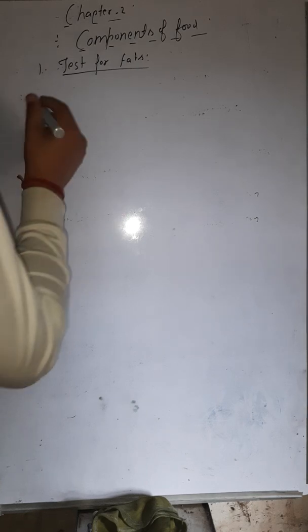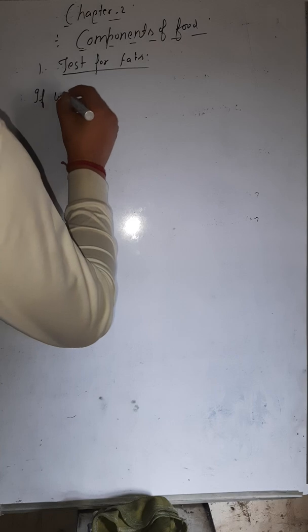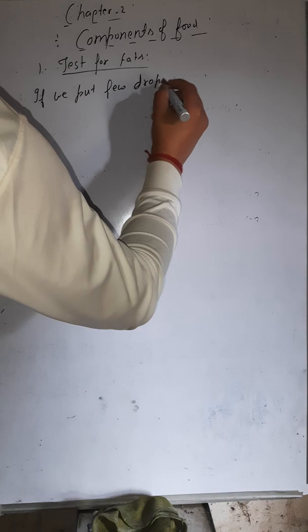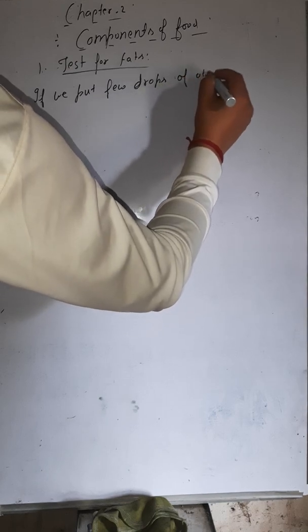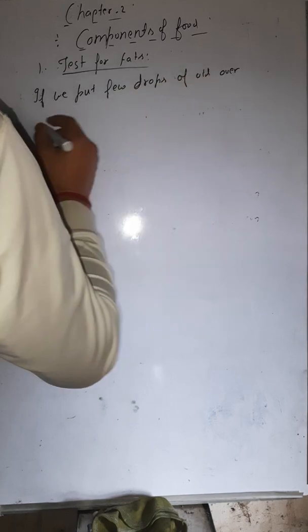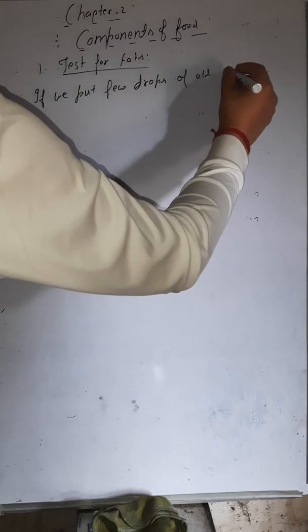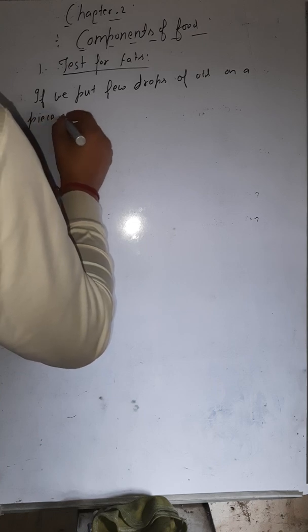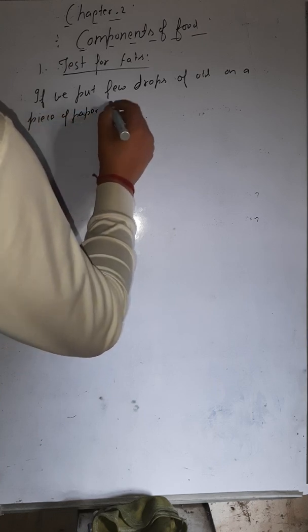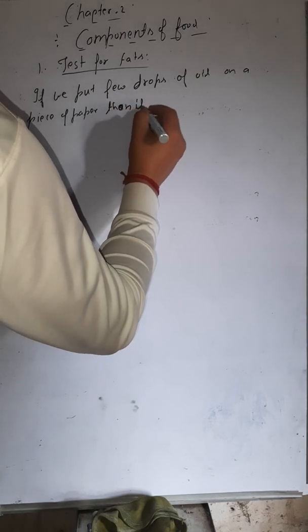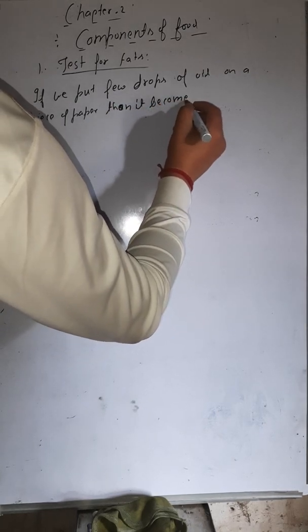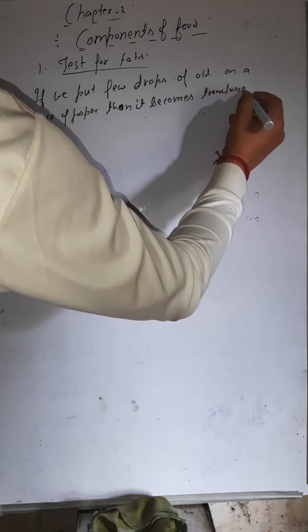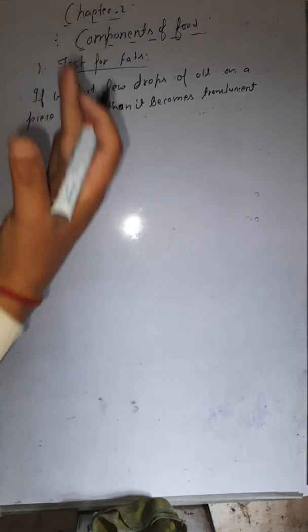Some other way also we can write: if we put a few drops of oil on a piece of paper, then it becomes translucent.